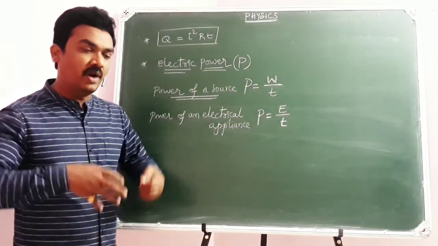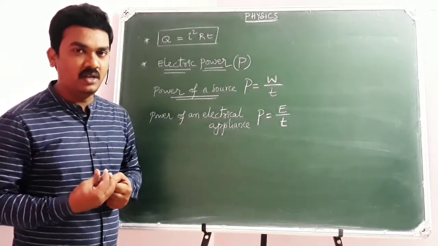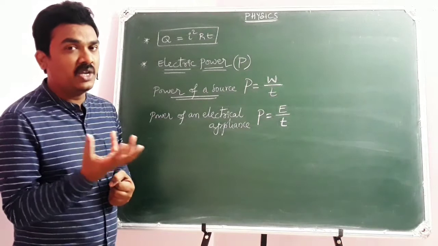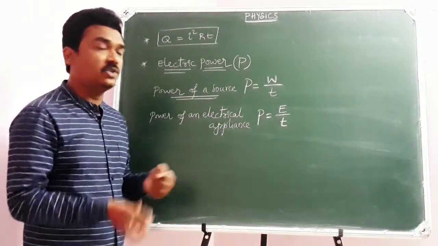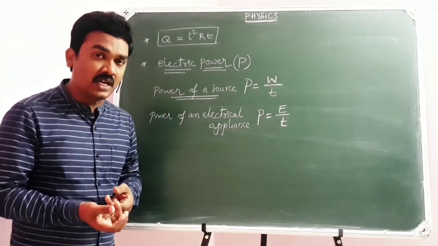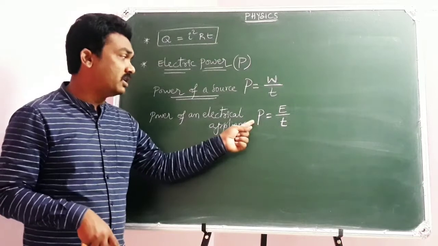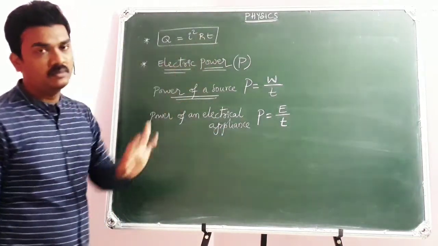So if I give 100 joules of electrical energy using a cell or battery, whether the bulb is able to consume the entire electrical energy or not depends on its power. And how long it takes to consume that electrical energy again depends on its power. So this is all about electric power.